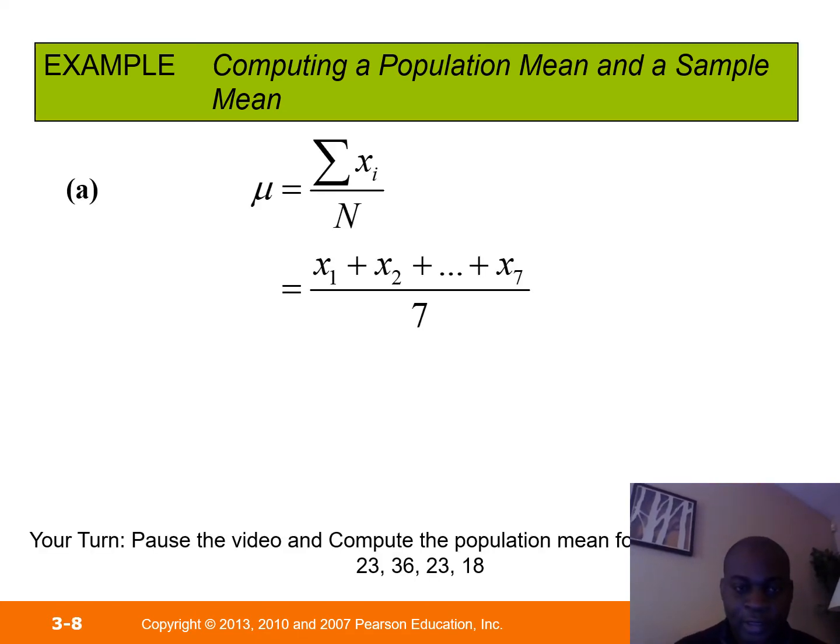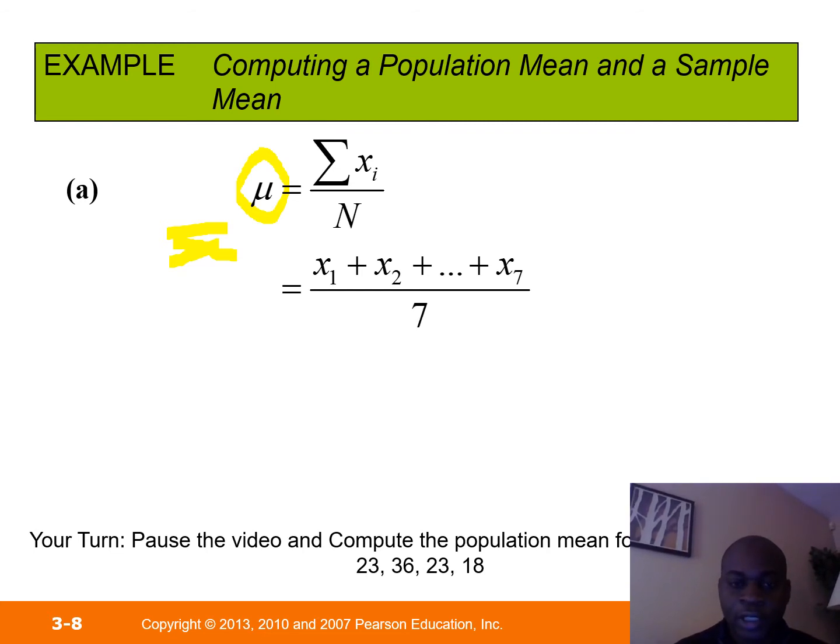Now you can see, because it's a population, the formula we are using there is mu. If the information provided were from a sample, then this would be x bar. But it's a population.